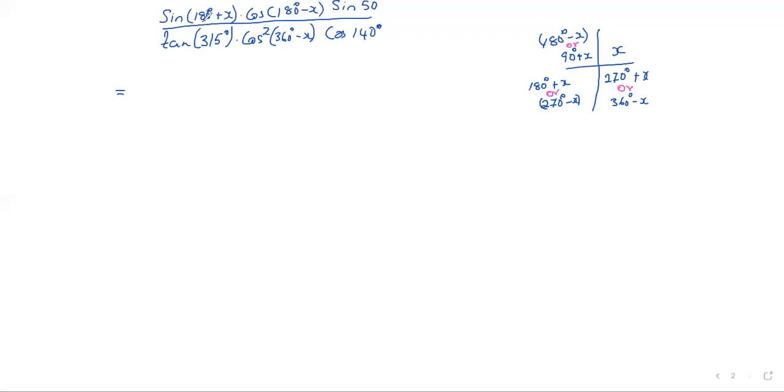Now, sine of 180 plus x. 180 degrees is here, and that will be 90 degrees there. That will be 270 here, and that will be 360 here.